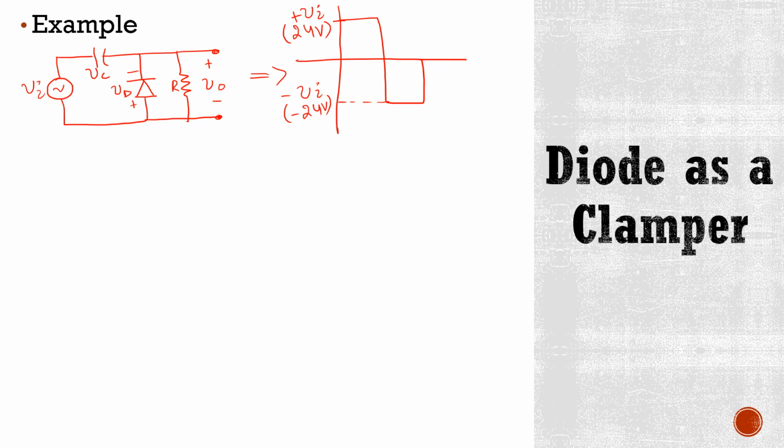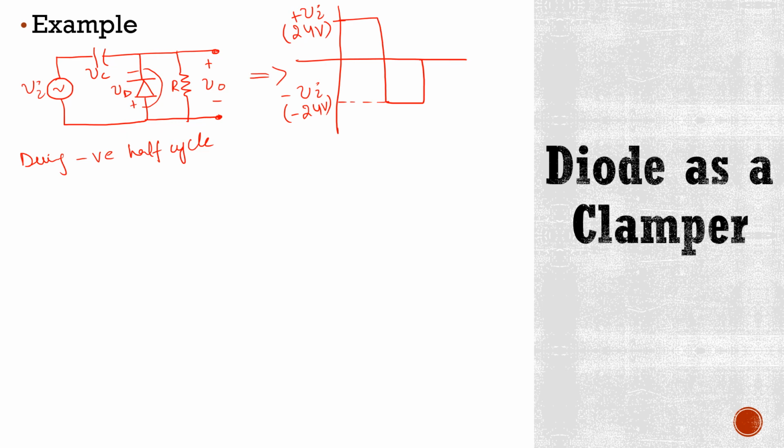then again you will start your analysis by considering that part of the input signal that will make this diode on or forward biased. Now we know that if the diode is connected in the opposite direction, then this diode will conduct during the negative half cycle.